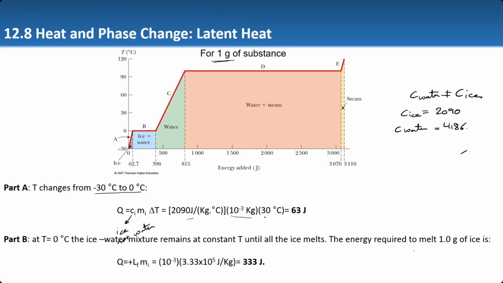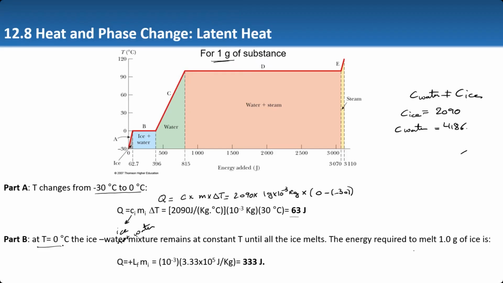C is 2090, and delta T is 0 minus minus 30. This becomes plus 30 as you can see here. And the final energy needed to heat up all of the ice from minus 30 to 0 is 63 joules.